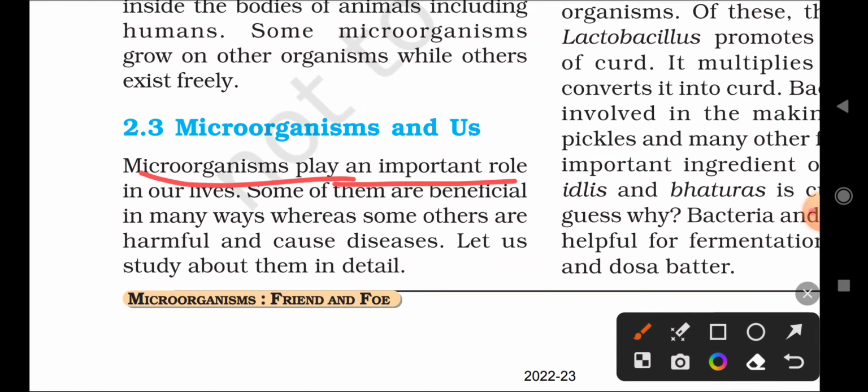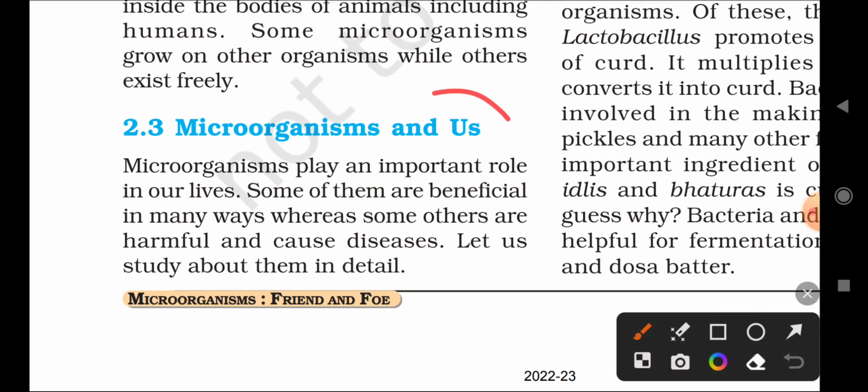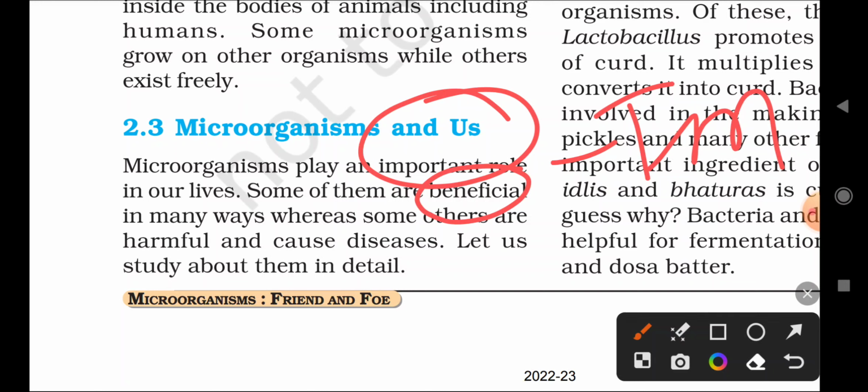Microorganisms play an important role in our lives, correct? They play a most crucial role in our life. Some of them are beneficial in many ways, whereas others are harmful and cause disease. Already I said that some are very important to our lives. Beneficial means what? It is important, good, helping, right?